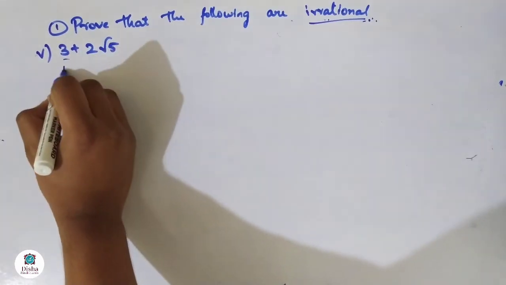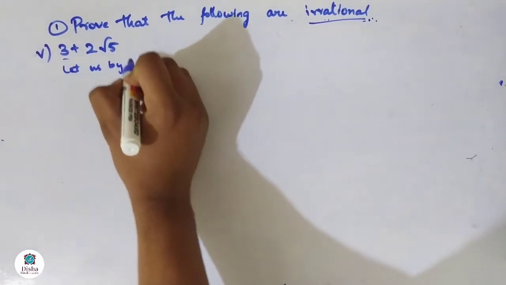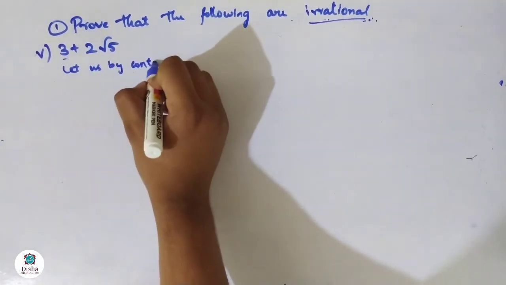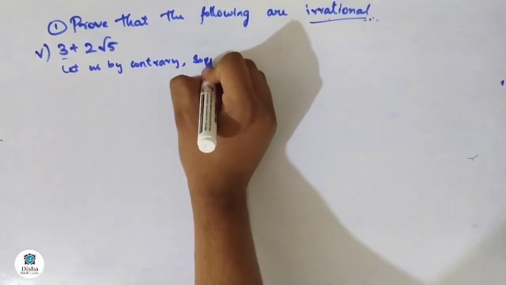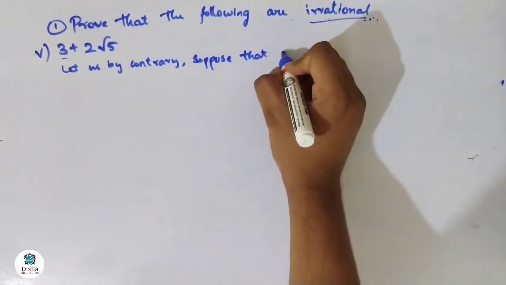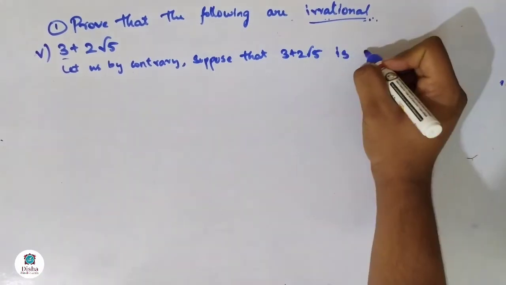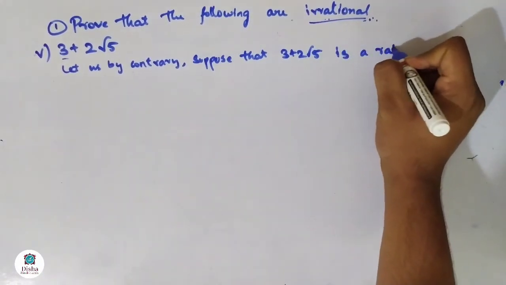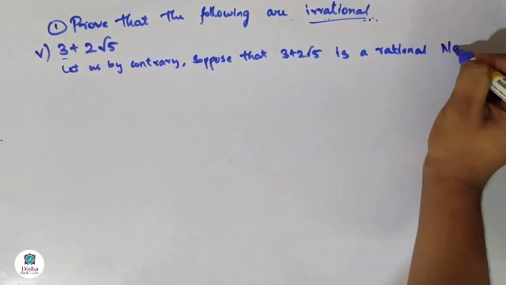So let us contradict. Let us proceed by contradiction. Contrary means opposite. Suppose that 3 plus 2 root 5 is a rational number.